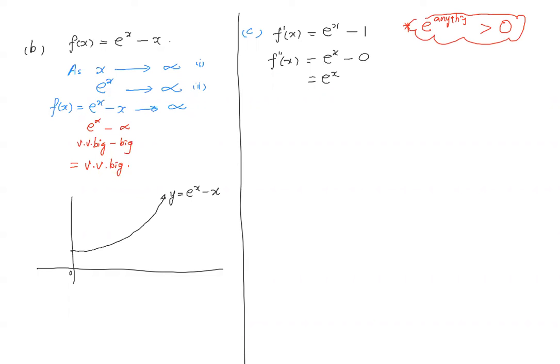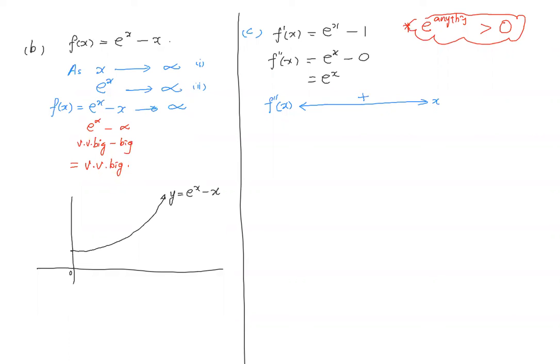So for this, I don't have to use any of my graphic calculator. I can draw the sign diagram easily. It will never be 0. And it is always positive.